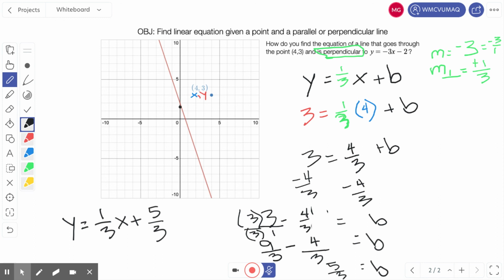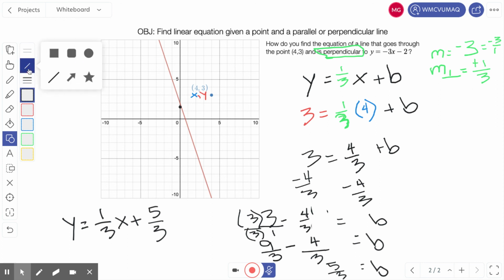And then it's going to go up 1 over 3, up 1 over 3. So it's a more complicated one to graph, a little harder to graph perfectly. Make sure we still have that line. Okay, I think I do. And let's just connect.